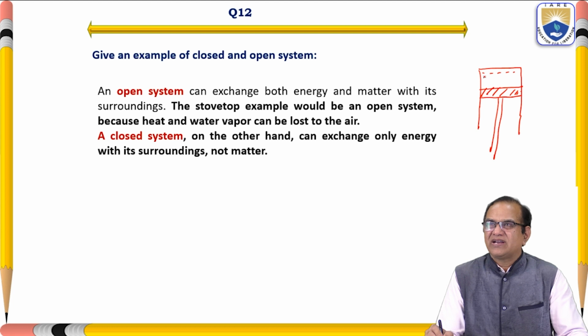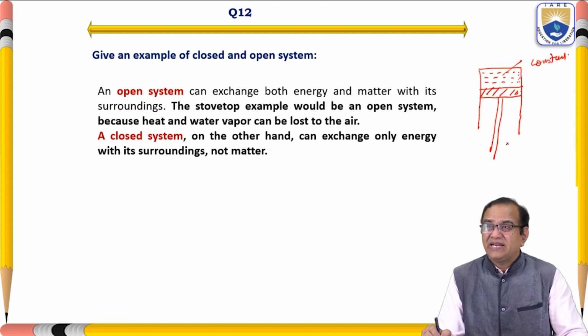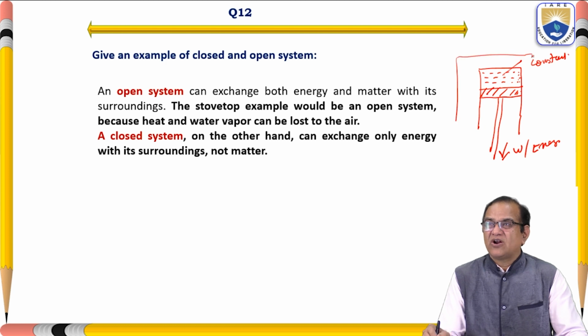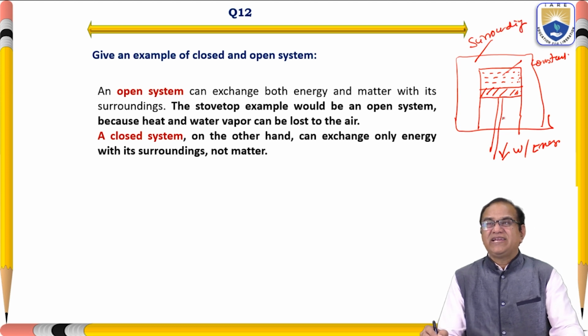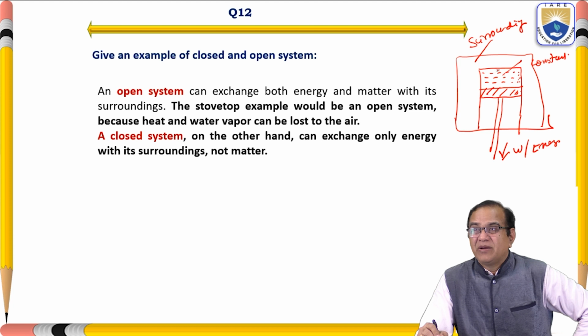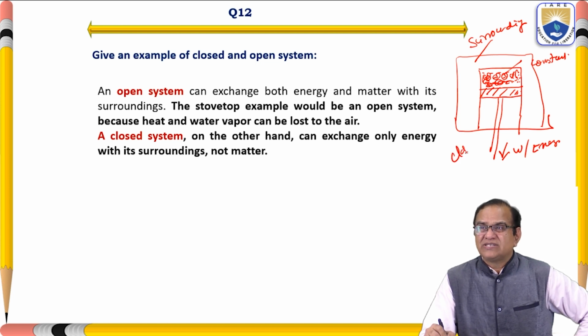Here the amount of matter is constant, but work and heat energy will go to the surrounding. This is the surrounding. Work and heat will transfer, but not the matter. Matter will be inside. How much amount is there? It will remain. This type of thing is called the closed system.